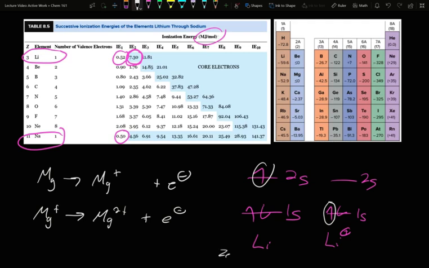The Z effective for the lithium 2s is +1, but for the 1s orbitals, that's a +3 Z effective. It sees all 3 protons. It is significantly harder to remove because it is more attracted than the electron in the 2s orbital.